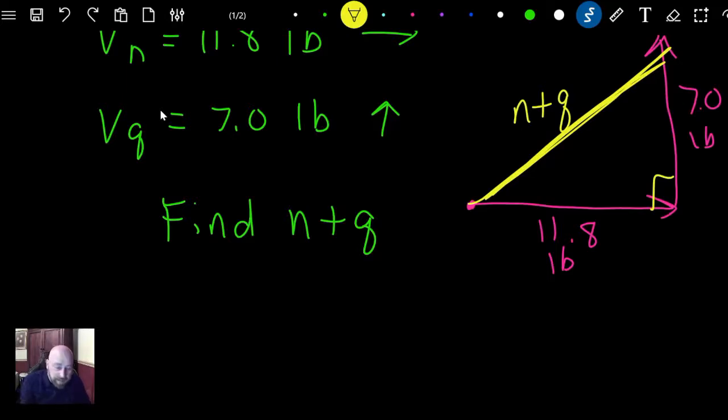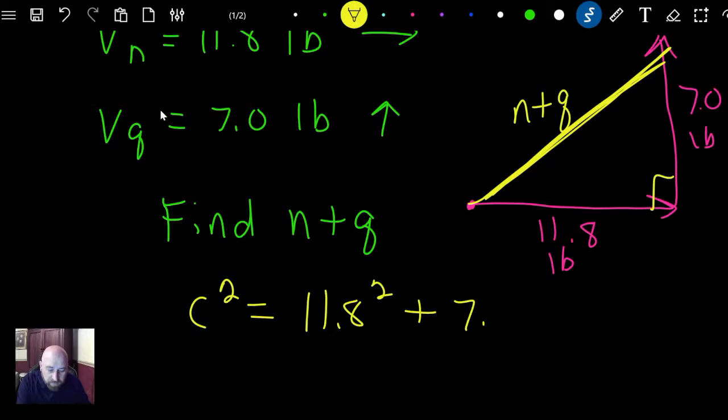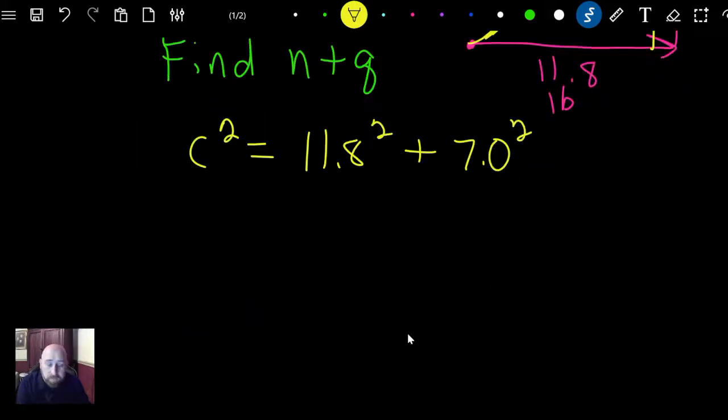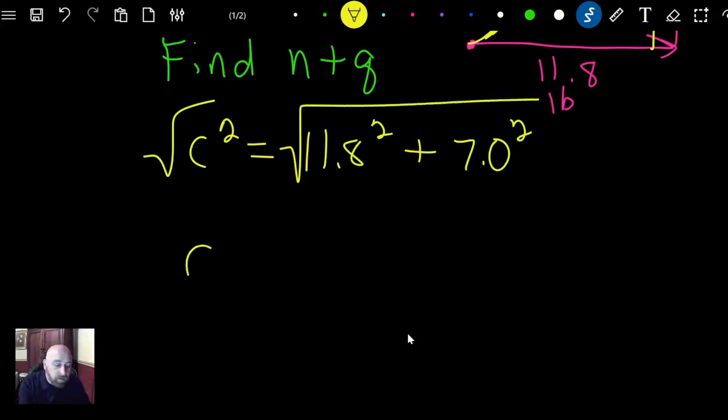We'll just take a squared plus b squared equals c squared. So c squared equals a squared, which will do 11.8 squared, plus b squared, which we'll call 7.0 squared. Plug that into your calculator. You can always do this if you want to just get c by itself.